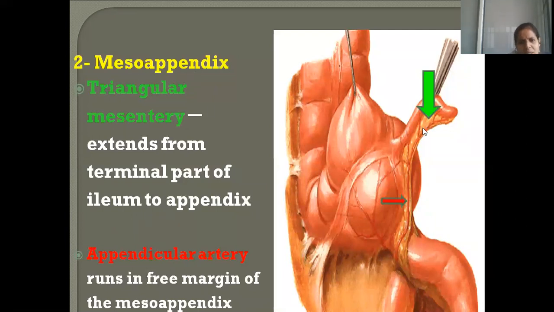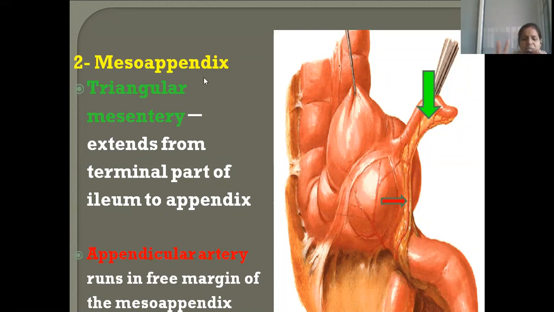It is triangular in shape and it is extending from, see, this is the ileum which is opening in the cecum. Just now I told you, ileocecal junction. So it is extending from the terminal part of the ileum and moving up to the appendix, this whole thing.